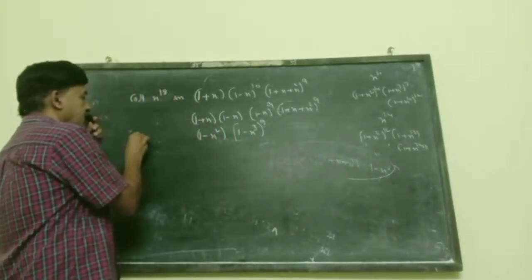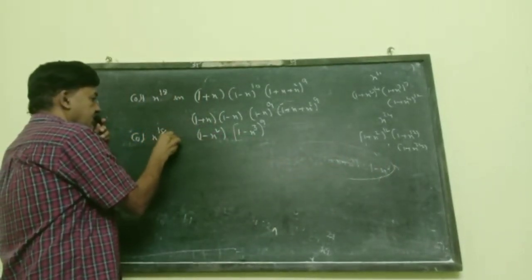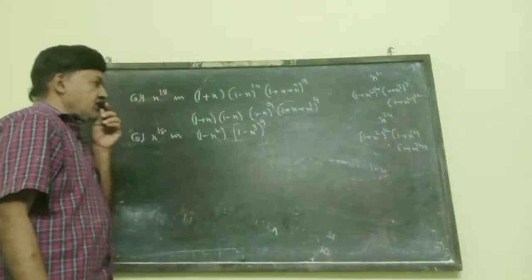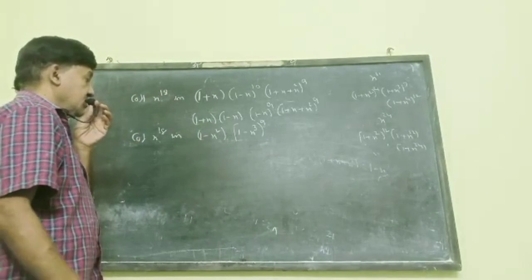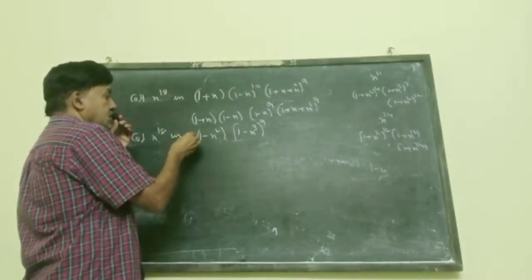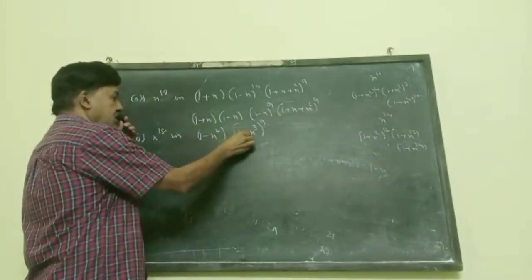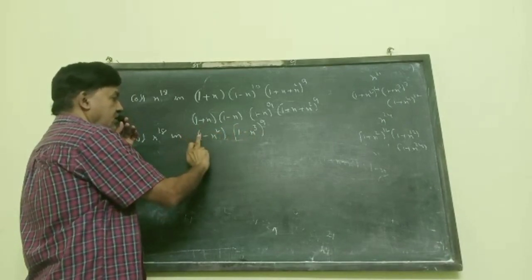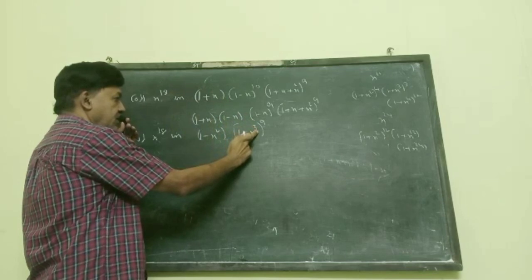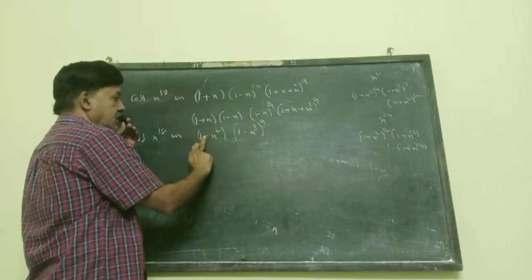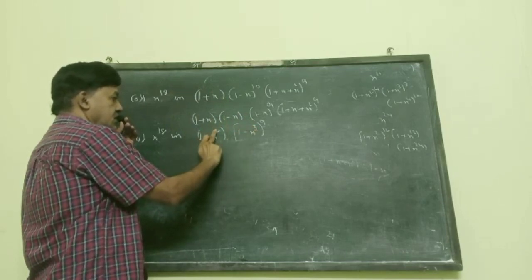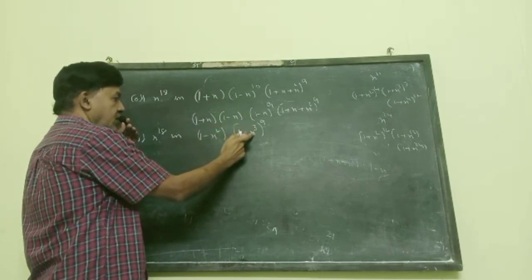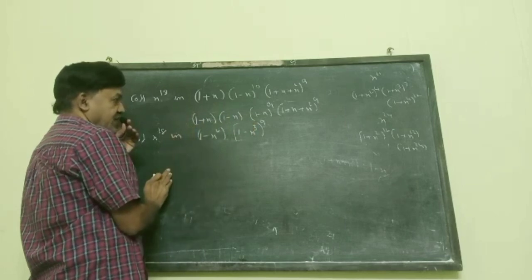So you require the coefficient of x^18 in this. Now (1 - x^2) into this is there, so I can write it like this: 1 into the coefficient of x^18, minus x^2 into, in order to get 18, you have to find the x^16 coefficient.